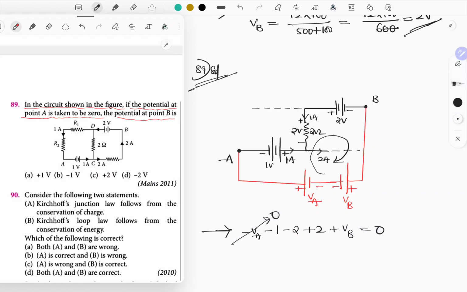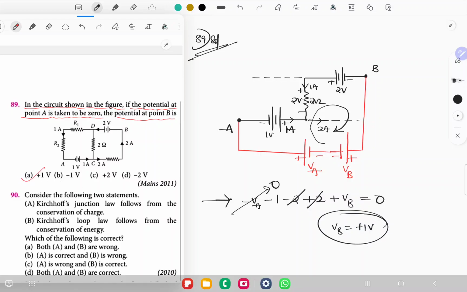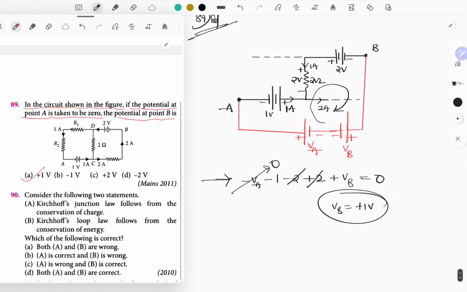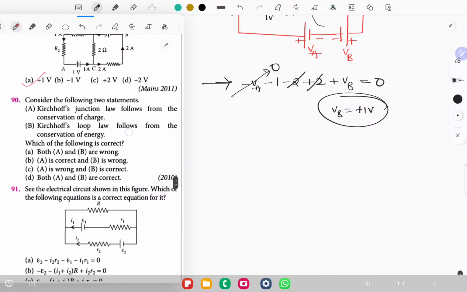They said VA is 0, that is given in the question itself. This plus 2 minus 2 will get cancelled. Then VB is equal to plus 1 volt. That's all. That's the way. Option A is the correct answer. Just check this once again. Go through it again and again so that it will be clear for you.